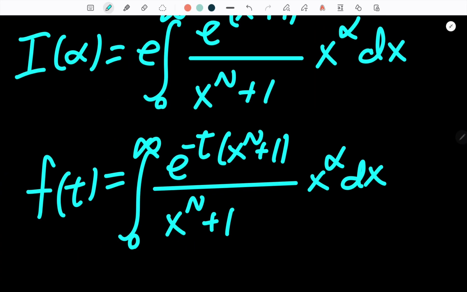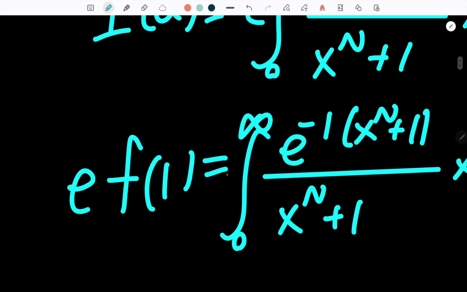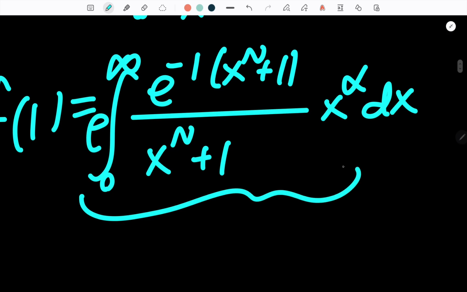dx. Now we can observe something. If we let t equal 1, and then multiply both sides by e, this is exactly I of alpha.